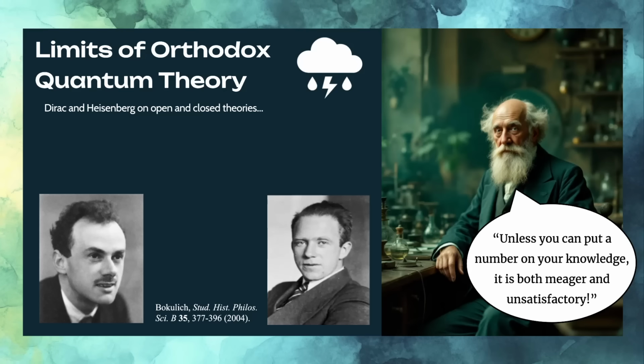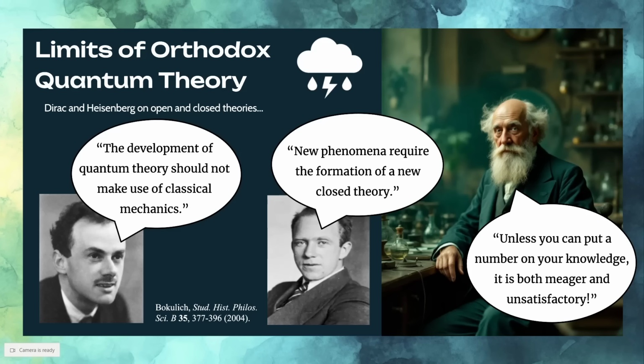But one thing they could agree on was that the development of quantum theory should not make use of classical mechanics. And in fact, Heisenberg was adamant that new phenomena require the formation of a new closed theory.